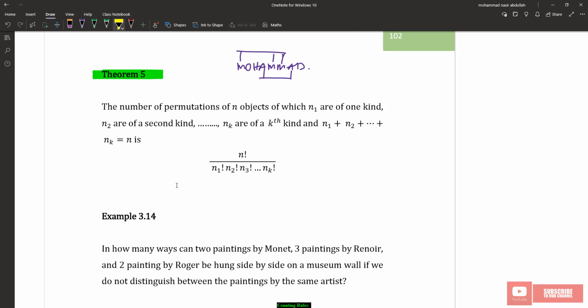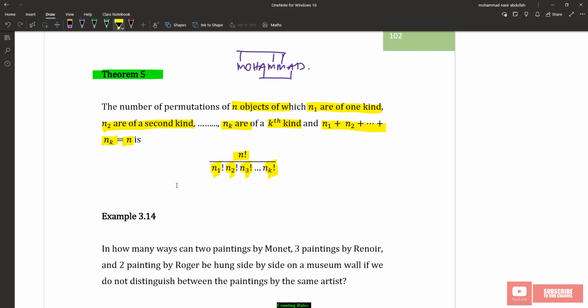Let's say the number of permutations of n objects in which n1 are of one kind, n2 are of a second kind, until nk of the kth kind, so n1 plus n2 until nk is equal to n. Then the number of permutations is n factorial divided by n1 factorial multiplied by n2 factorial multiplied by n3 factorial until nk factorial.